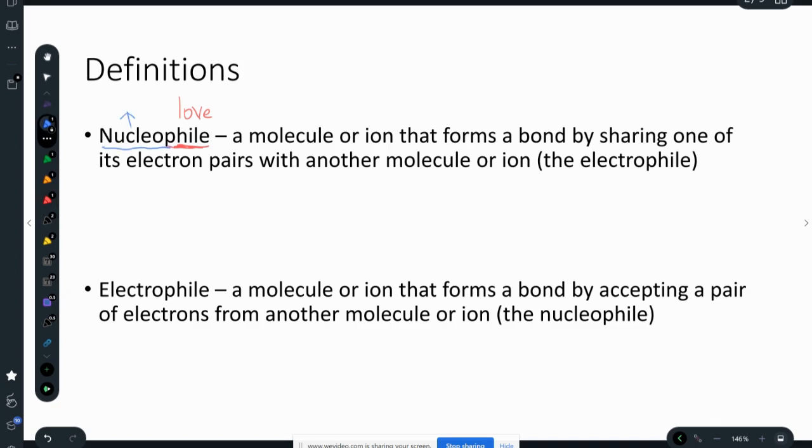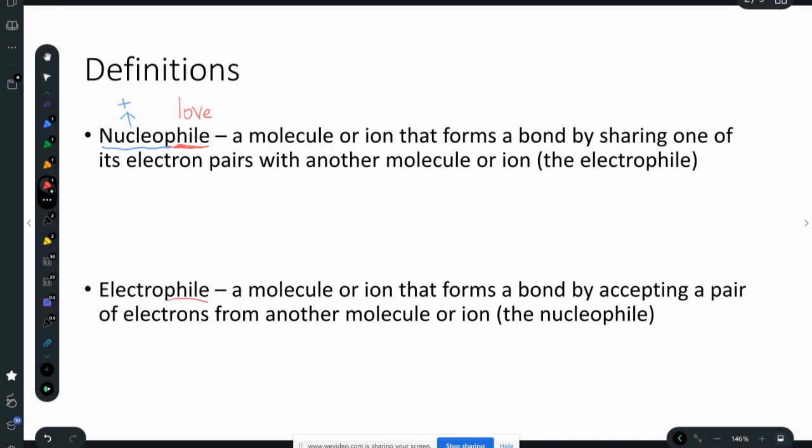What kind of charge does a nucleus have? Positive. So a nucleophile is something that loves positive charges. So that's a molecule or an ion that's going to share electrons with other positively charged things. So it seeks out positively charged things to share electrons with. An electrophile, on the other hand, is something that loves electrons.